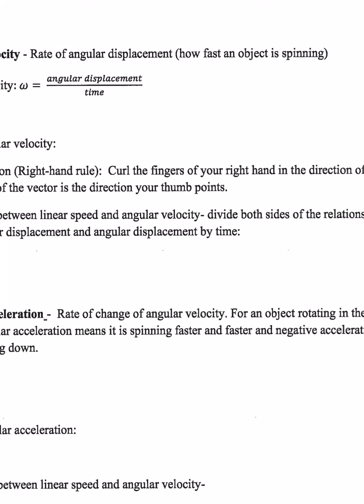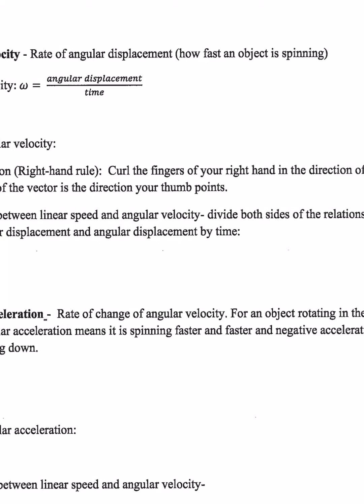So this is going to be angular displacement divided by time. Doesn't this look a lot like velocity? What was velocity? Change in distance over a change in time, right? It's x over t. But now, instead of going in a straight line, we're going in a curved line.